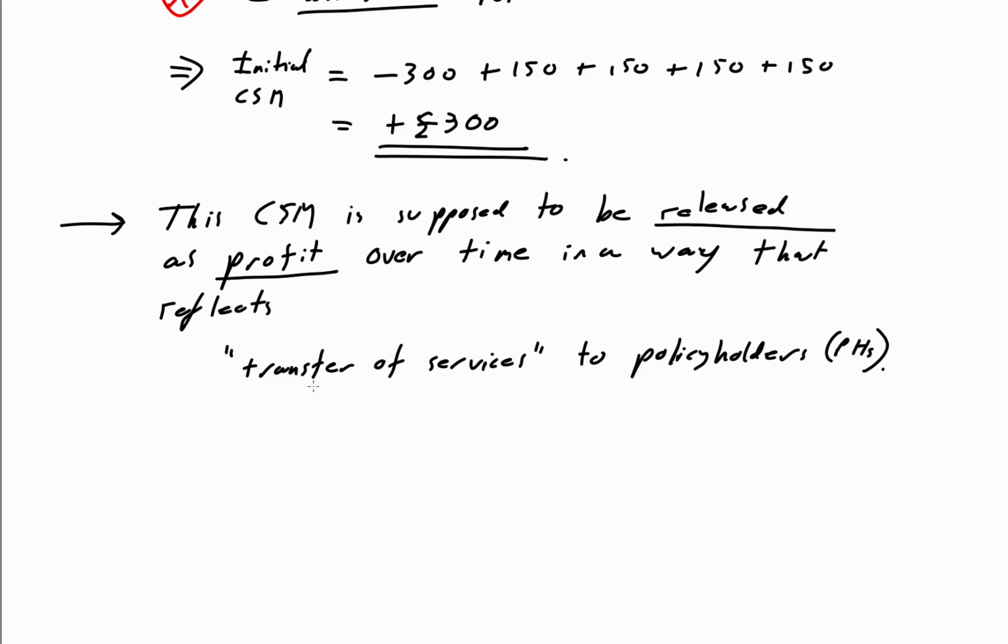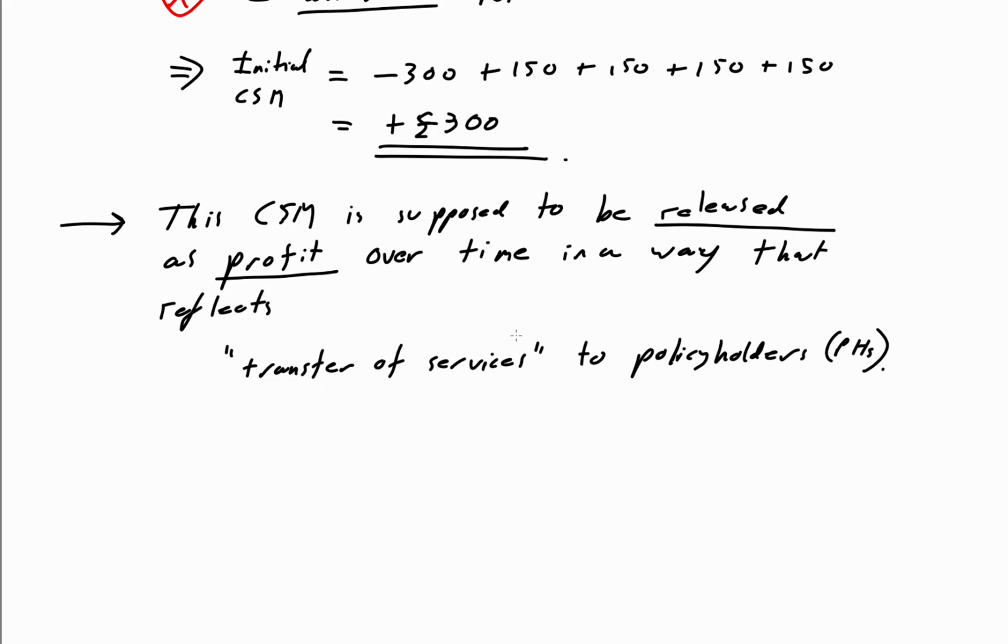So on average, I might expect there to be so many policies in force for the first year, and I might expect to pay out so much in claims in the first year. In a sense, the paying out of the claims is the transfer of services to policyholders. The presence of the contract being in force for a time is also, in a sense, a transfer of services to the policyholder. And you could imagine there being more policies in force at the start and less at the end.